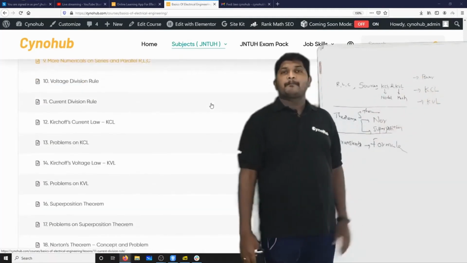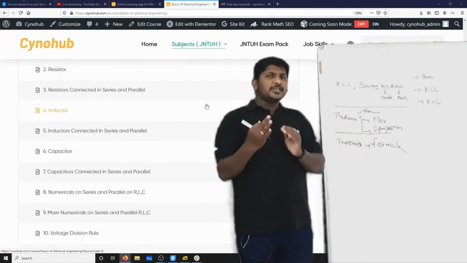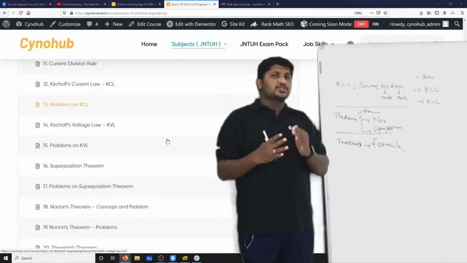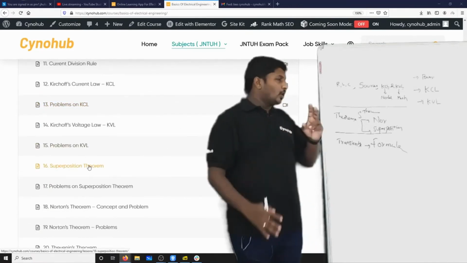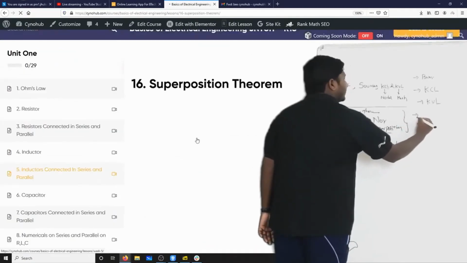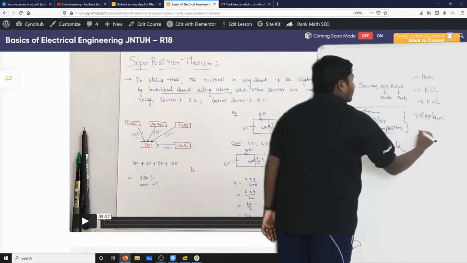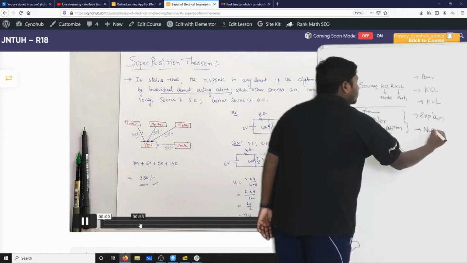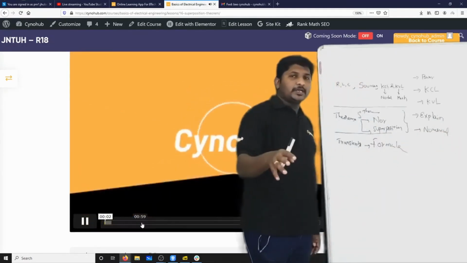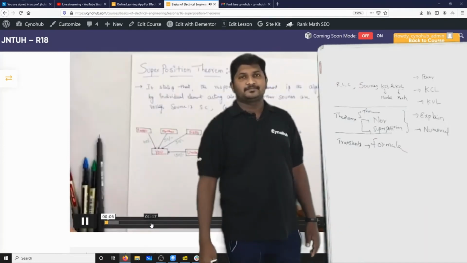Okay. Now, come to part 2. We have 3 theorems: Thevenin's theorem, Norton's theorem, and superposition theorem. Only 2 models. First model is explain a particular theorem. Next model is calculate current or voltage at a particular parameter using that theorem.